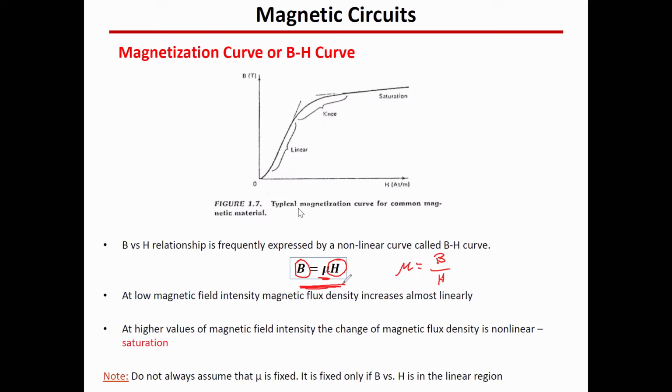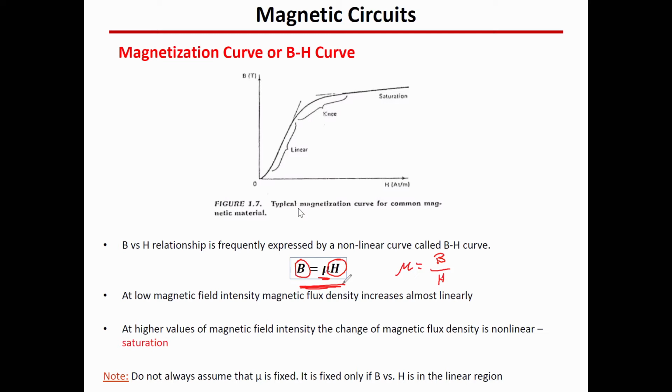That's true, but in practice, this value of mu is actually changing based on the value of B and H. It's not constant. In other words, the relation between B and H is not linear, meaning that if you increase H, B will increase, but at a certain region, the rate of increase will not be the same.